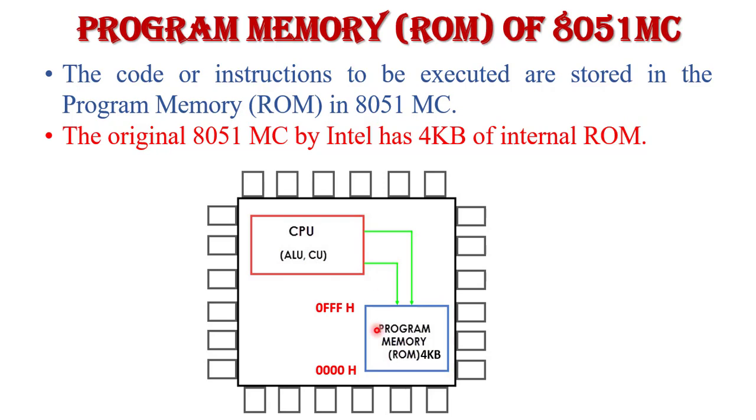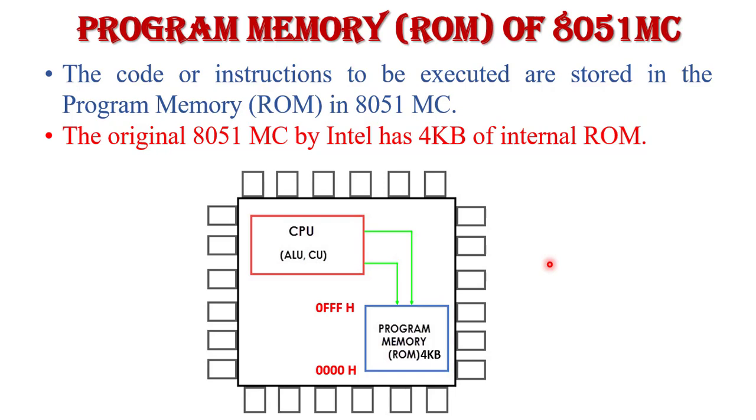It has 4 kilobyte of internal program memory, that is ROM, whose address is from 0000H to 0FFFH. But if this program memory becomes insufficient, then we can extend it up to 64 kilobyte by connecting external program memory.